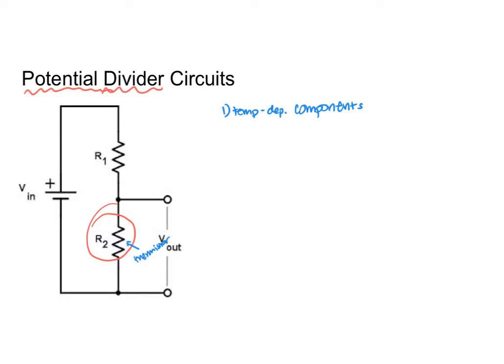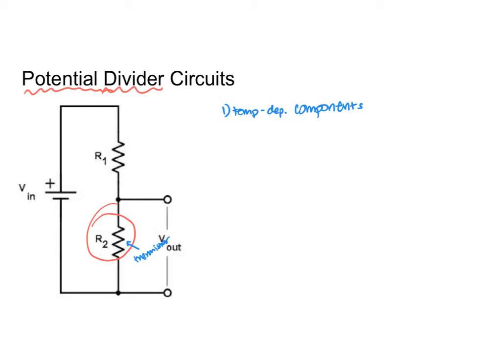The thermistor is going to have a resistance that is highly dependent on its temperature. So, as it warms up, its resistance will change, and depending on the way you have your circuit set up, that could, for example, cause a sound to go off. So that's one reason why we might want a potential divider circuit.